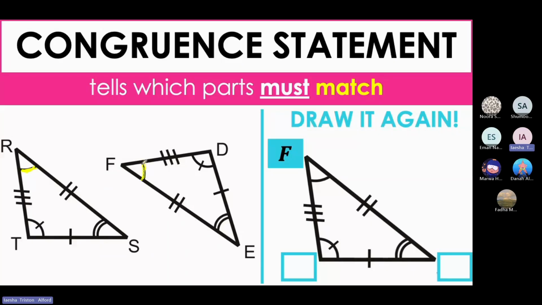So see the lines to help you match. Angle T is matching with what? D. And angle S is matching with what? E. Okay? So this is to remind you to draw your picture again if you're getting confused.